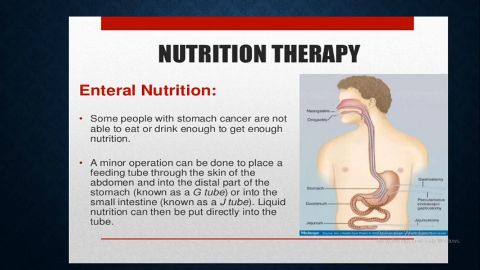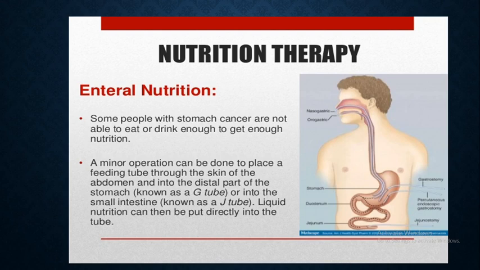So a minor operation can be done to place a feeding tube through the skin of the abdomen and into the distal part of the stomach, known as a G tube, gastrostomy tube, or into the small intestine, known as a J tube, jejunostomy tube, and liquid nutrition can then be put directly into the tube.